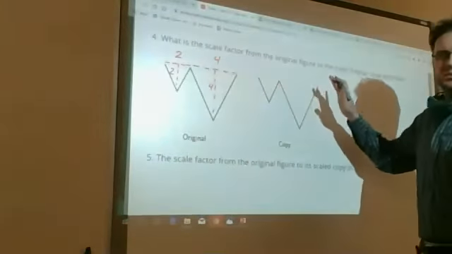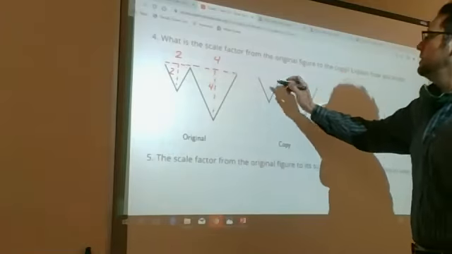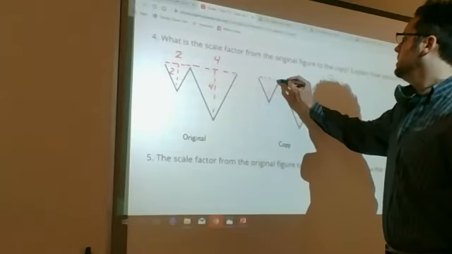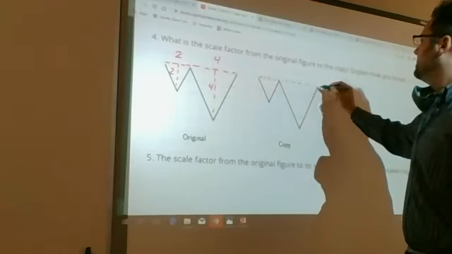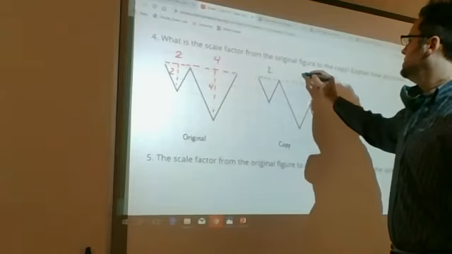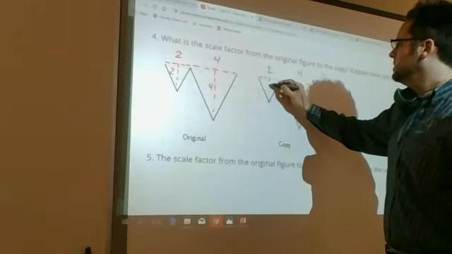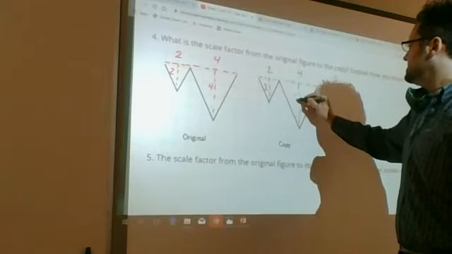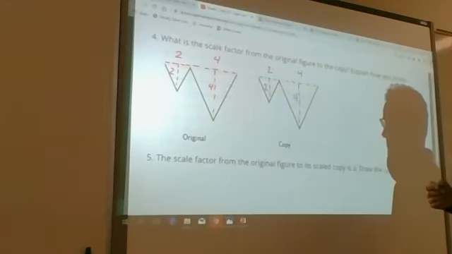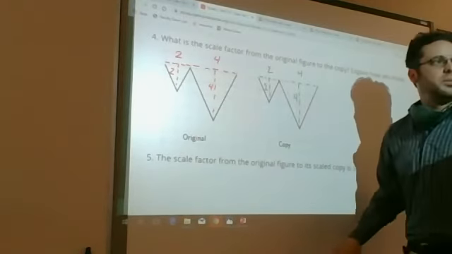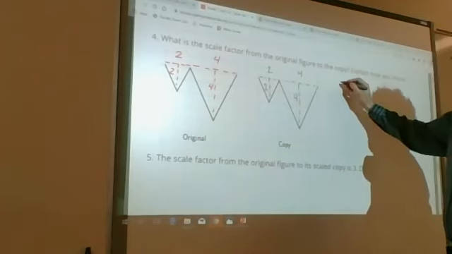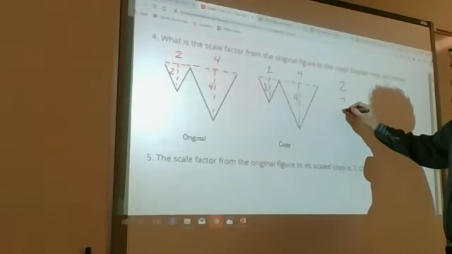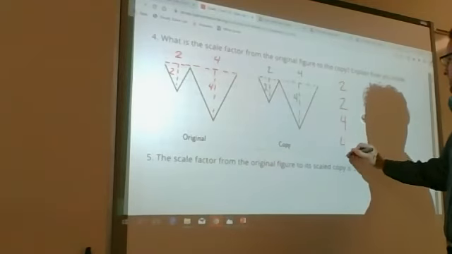Now let's do the corresponding distances on our copy. This is 2, this is 4, this is also 2, and this is also 4. That's kind of weird. Well, let's go ahead and write our multiplication table anyway. Our original is 2, 2, 4, and 4.